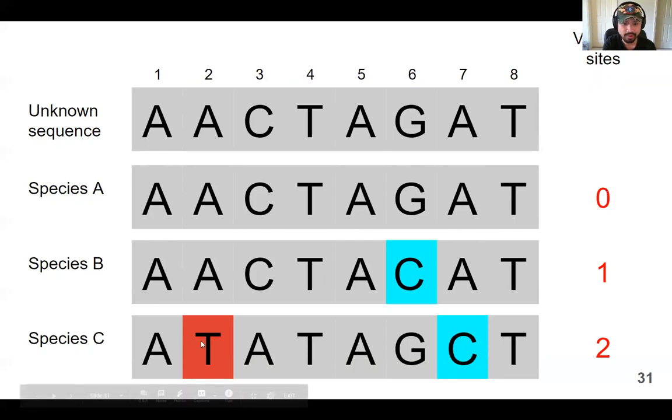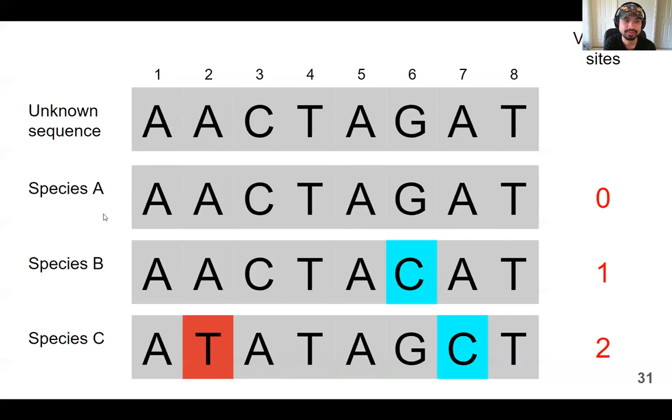For species B, however, we can see at site number 6 that there's a mutation where the guanine is replaced with the cytosine. We can translate that as this sequence having one variable site from our unknown sequence.